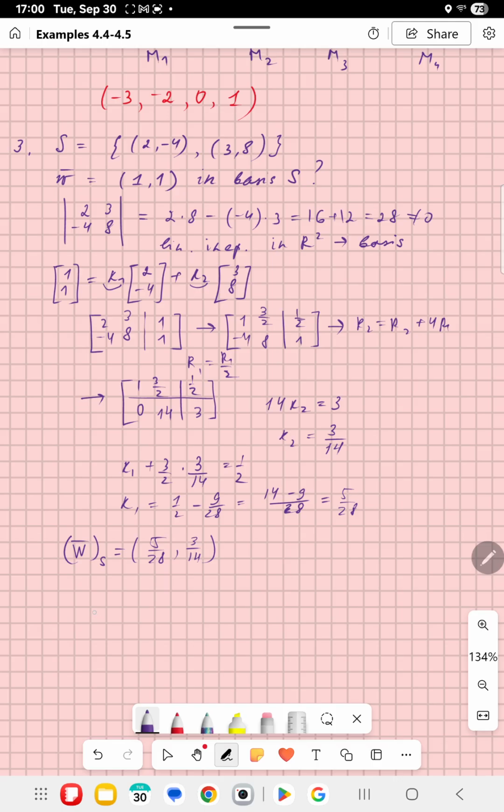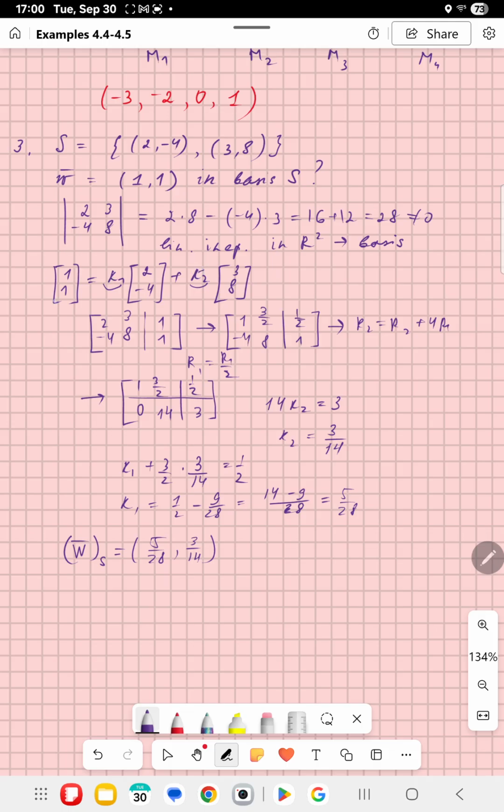Okay, I think that's all. For any other vectors, you can do basically the same. So normally, guys, to find the coordinates, we need to find the coefficients in the linear combination of the basis vectors to represent whatever vector you want.